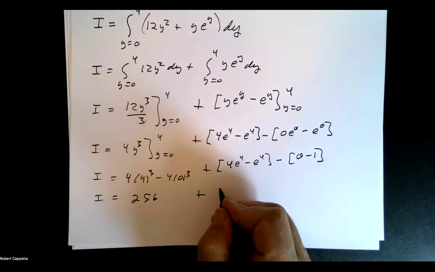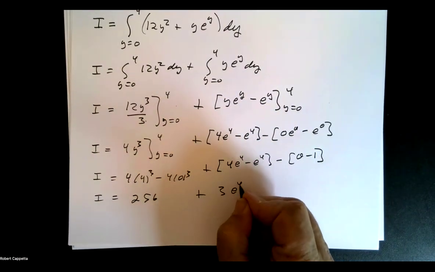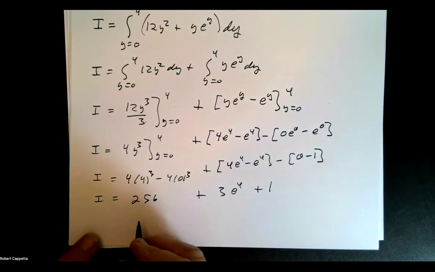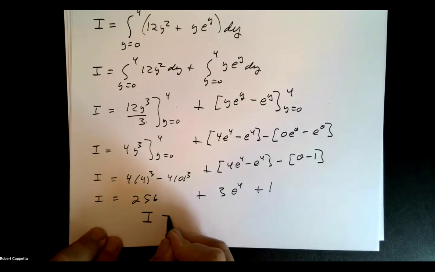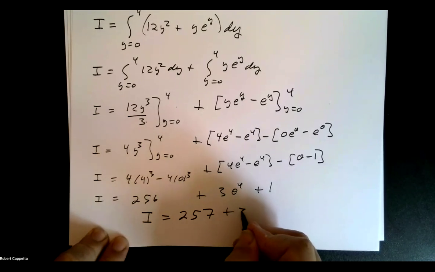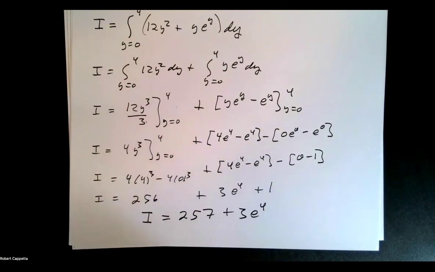So what does that give me? That gives me 3e to the fourth plus 1. So putting these things together, what is my final answer for my integral? That would be 257 plus 3e to the fourth, using it with this direction.